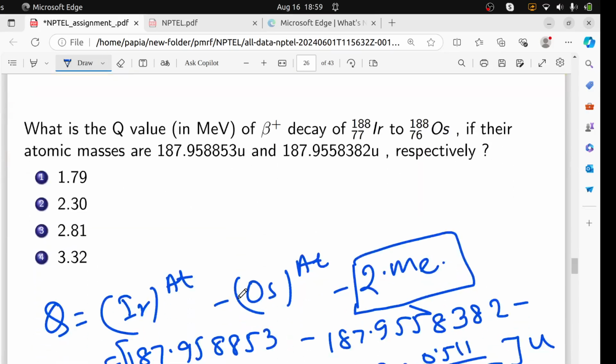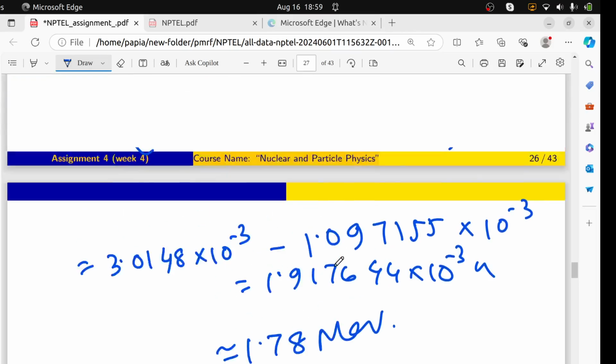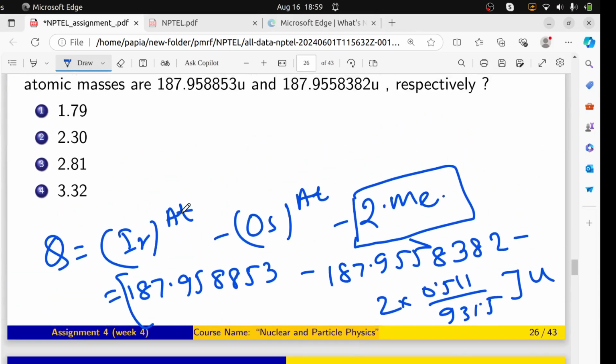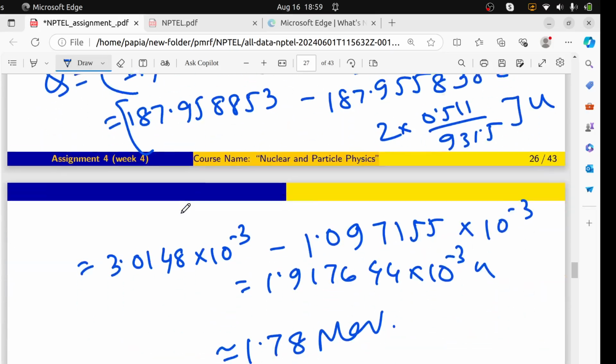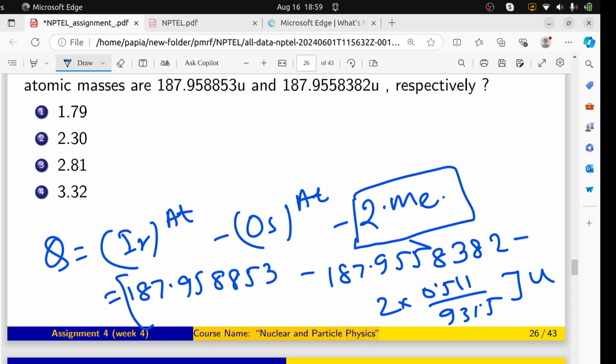Okay, fine. So this is the thing. It was 1.7862, so 62 means obviously it will be 1.79 MeV. This is 1.79.